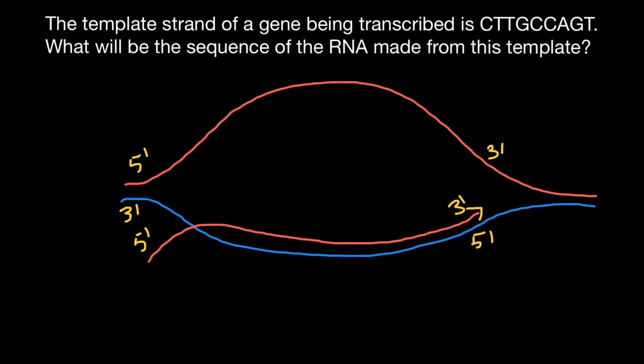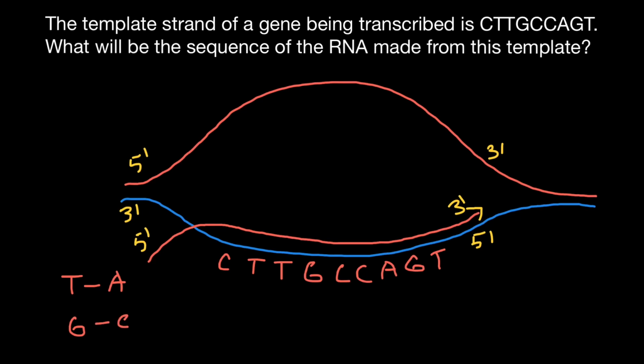So the sequence is going to be C, T, T, G, C, C, A, G, and T. So the sequence on the corresponding messenger RNA that is being made using this template is going to be, so all you need to know is that thymine base pairs with adenine and guanine base pairs with cytosine.